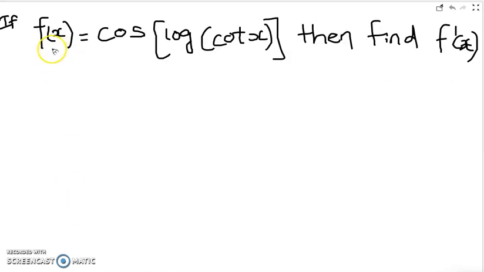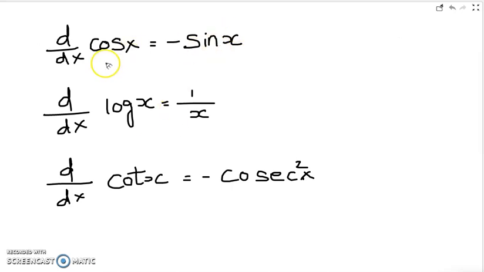This is the question. If f of x is equal to cos of log of cot x, then find f dash of x. So this is the function, we just have to differentiate it. First of all, what are the formulas we are going to use here? d by dx of cos x is minus sin x. d by dx of log x is 1 by x, and d by dx of cot x is minus cosec square x.